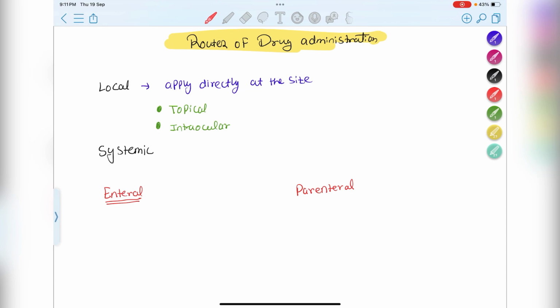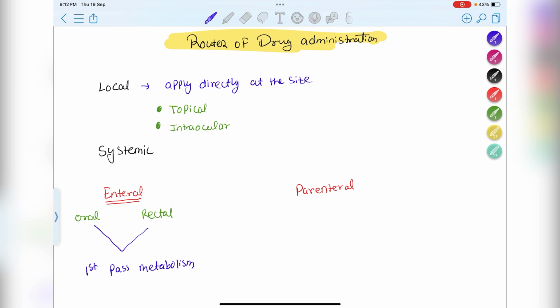In enteral we have two routes. First is oral, another one is rectal, and both of these go through first pass metabolism. I will explain further what first pass metabolism and bioavailability are after this topic.